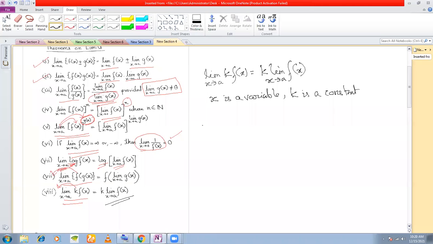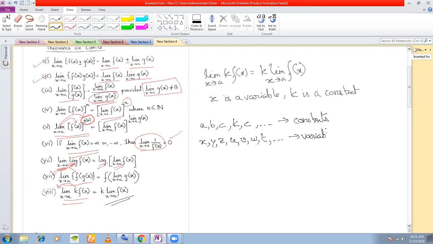For example, letters like a, b, c are used for constants. d is normally used for the differential operator, so normally we don't use d. Like k, and c, these are all letters used for constants. And for variables we use x, y, z, u, v, w, and t also is used.